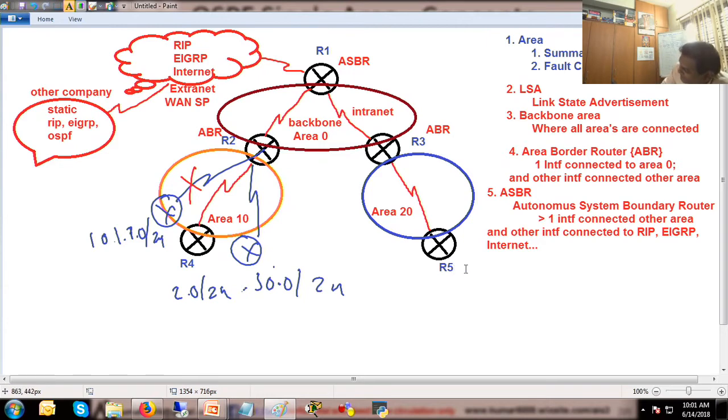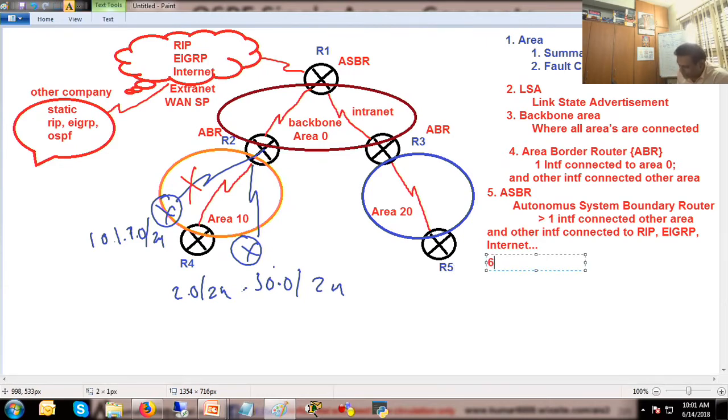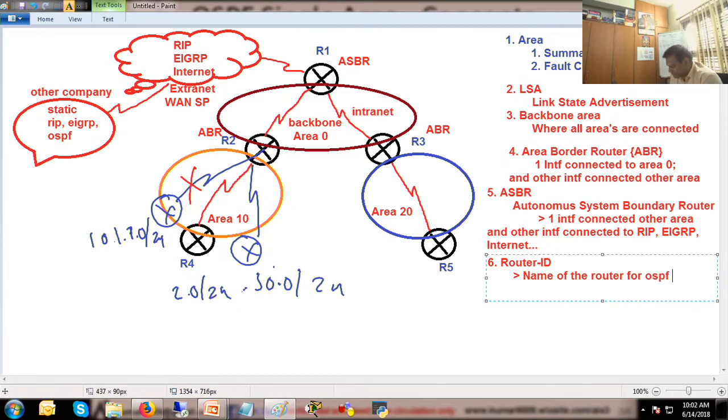The next topic we are going to study is router ID. In OSPF, we are going to understand something called router ID. So what is router ID? It is the name of the router for OSPF processes.